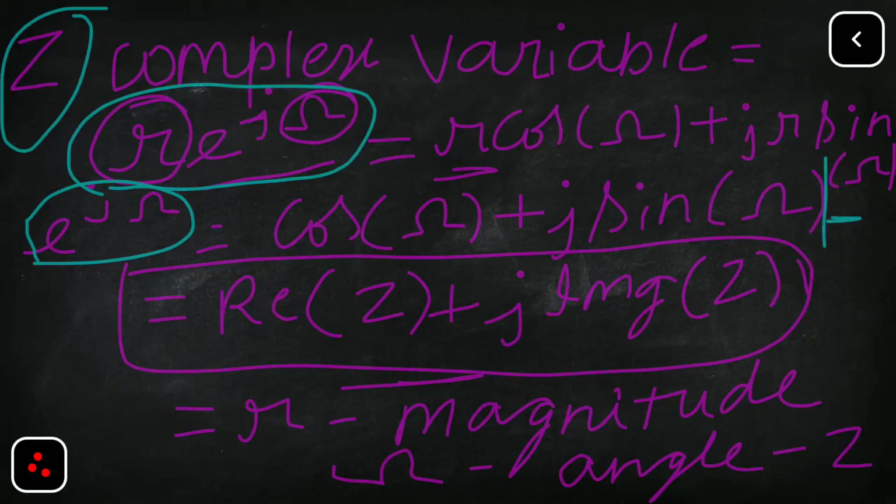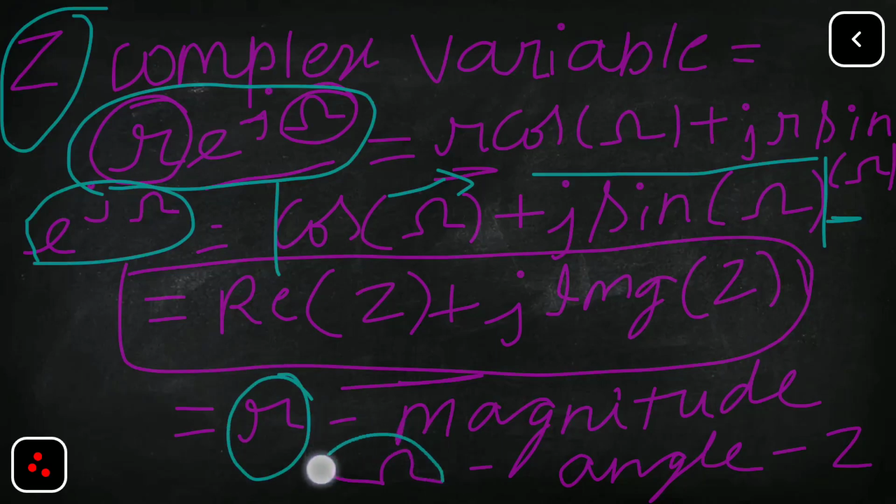We use the same here, and we wrote it as r cos omega plus j into r sin omega. And so we define what is r. Here r is the magnitude and omega is the angle with respect to z.